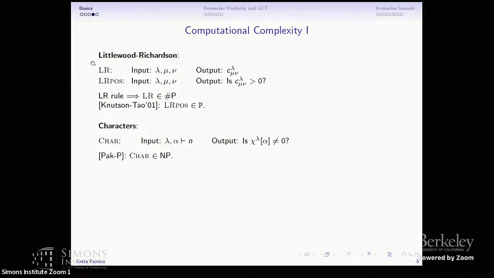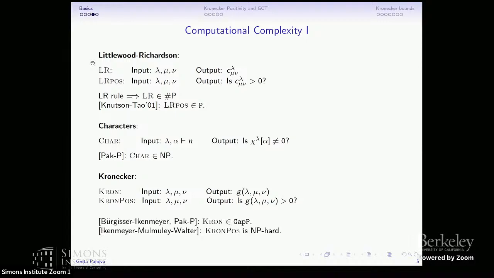But just deciding whether the character is 0 or not is an NP hard problem. And the same thing holds for the Kronecker coefficients. Again, the problem is: given our input lambda, mu, and nu, figuring out if they are strictly positive.